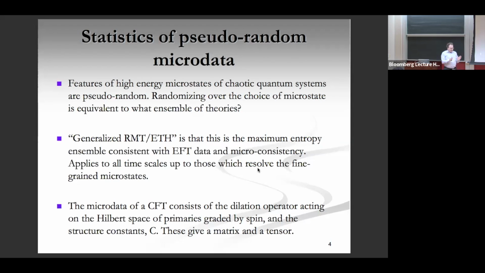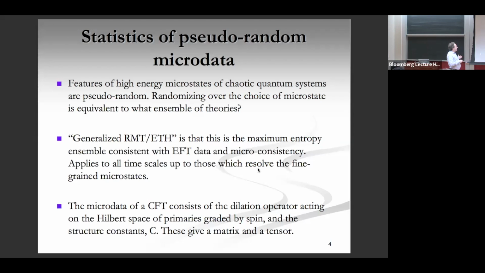But if we don't ask any questions that are associated to very, very long timescales, picking out individual fine-grained microstates, we will not be able to distinguish between some ensemble over theories and that pseudo-random.